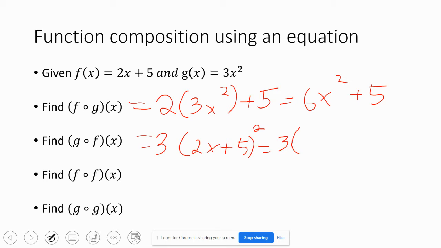So it'll be 3 times 2x plus 5 times 2x plus 5.